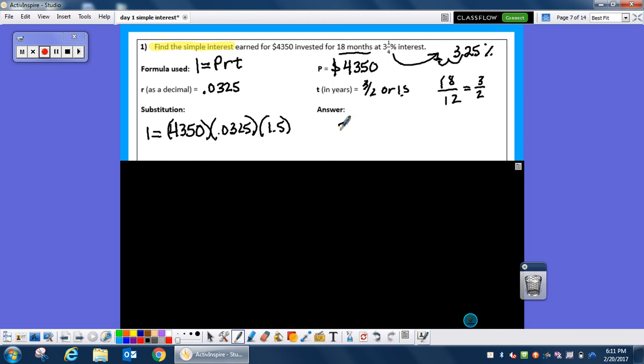So to borrow that amount of money at that rate and for that time, you would have to pay $212.06. That's a very basic level 1 type question you'll be having to do. Again, you want to highlight and determine what the question is asking first.